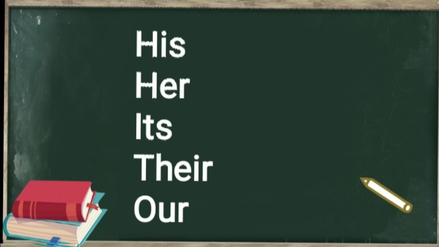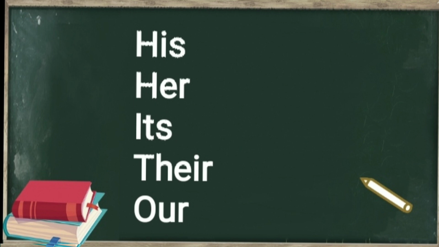Next, their. When do we use their? Their word is used when a thing belongs to many people. Their toys, their book, it's their table. When do we use our?